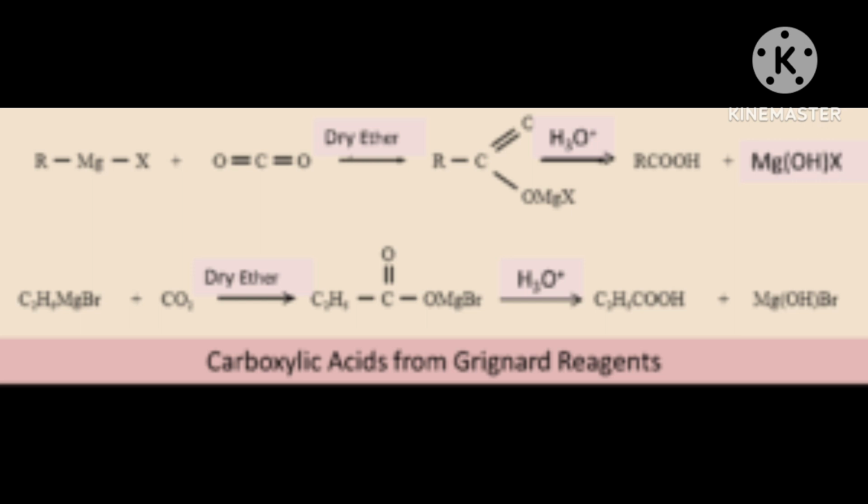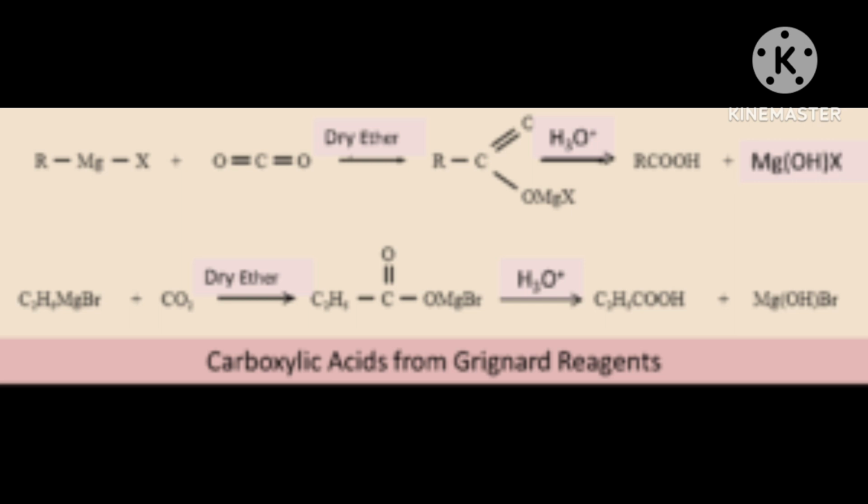Okay, then here also you have seen that you got the carboxylic acid. As we know, the Grignard reagent and nitriles can be prepared from alkyl halide. Already I have discussed how we get the Grignard reagent. Both Grignard reagents and nitriles we can get from alkyl halide.